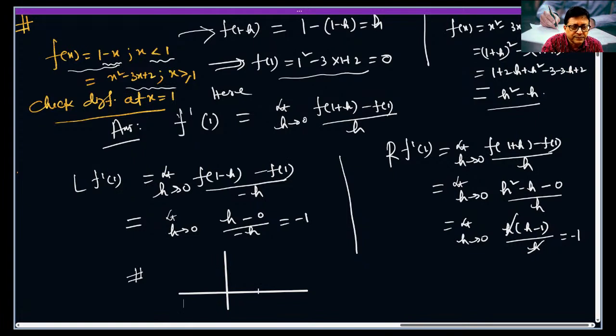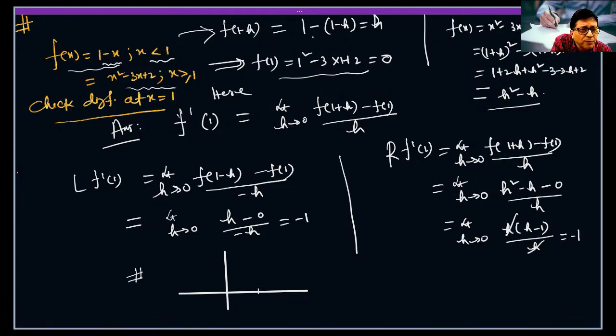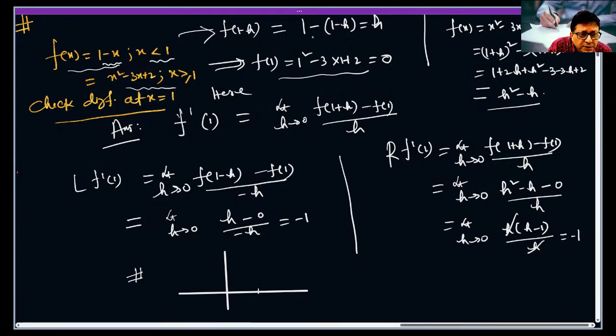This graph is obviously a straight line graph. Okay, this is the line f(x) equal to y equal to 1 minus x. For x equal to 0 it is 1, so passing through (0, 1), and just before 1 it stops.